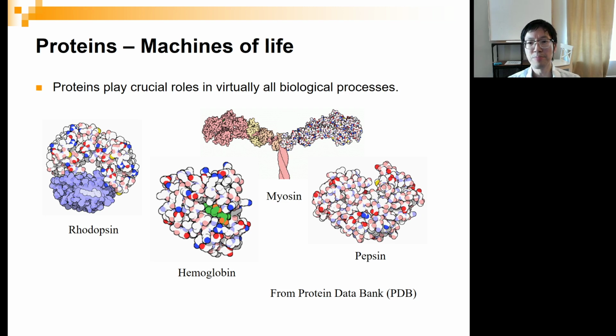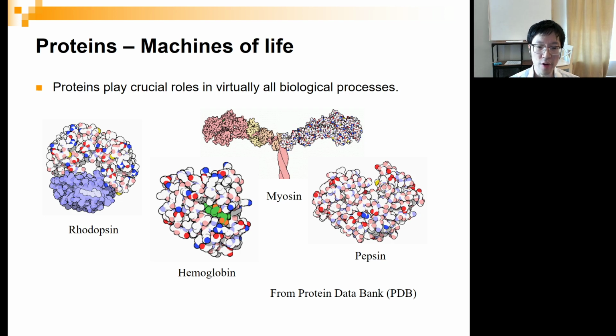Their shape particularly allows them to bind to the relevant molecules so that they can do their job. On the bottom right, I mentioned that we're able to know these structures because they have been deposited in a public database on the internet, called the Protein Data Bank, or the PDB for short. In just a little while I will explain how those structures actually get determined.